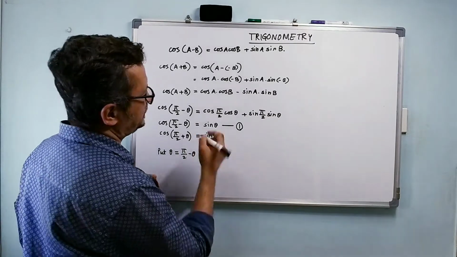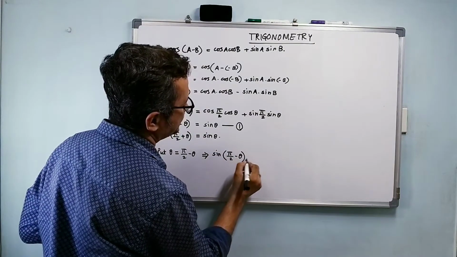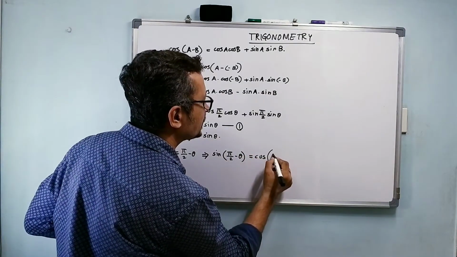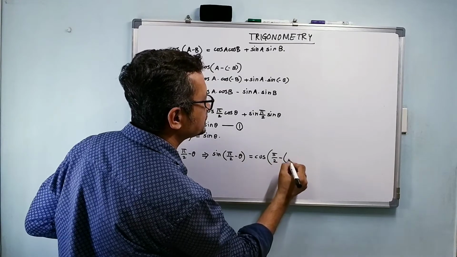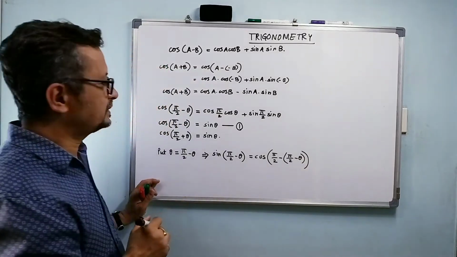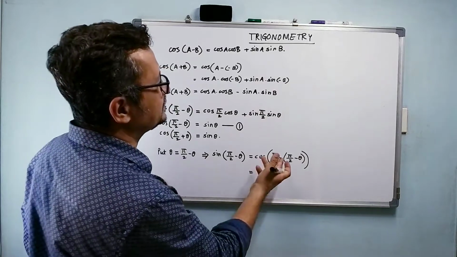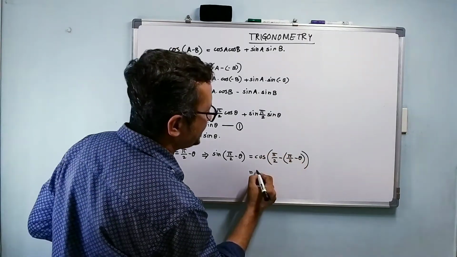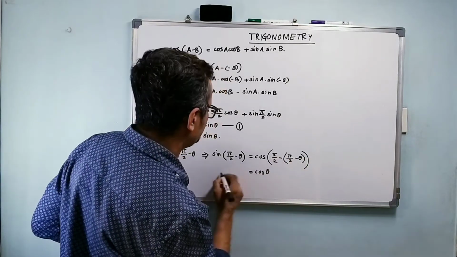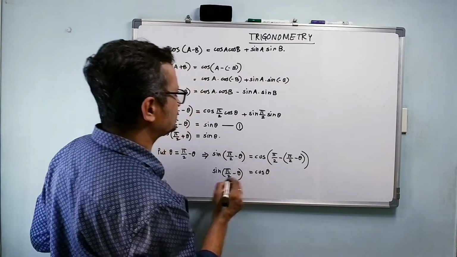Sine of pi by 2 minus theta is going to be equal to cos of pi by 2 minus pi by 2 minus theta, correct? So pi by 2 minus pi by 2 is going to be 0 and minus minus theta, so it is going to be cos of theta. So that means sine of pi by 2 minus theta is cos theta.